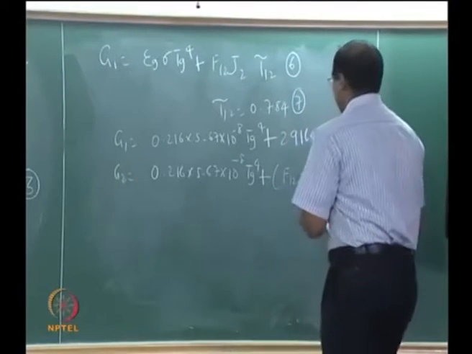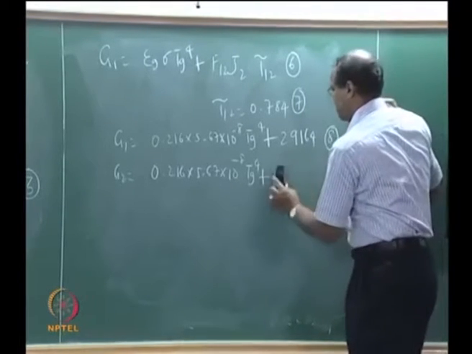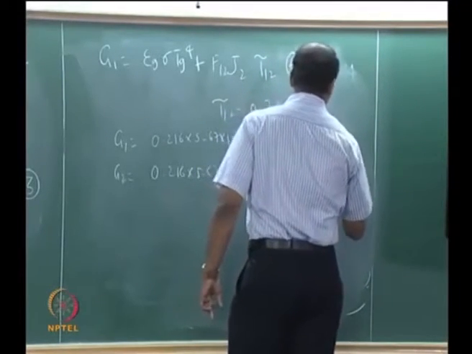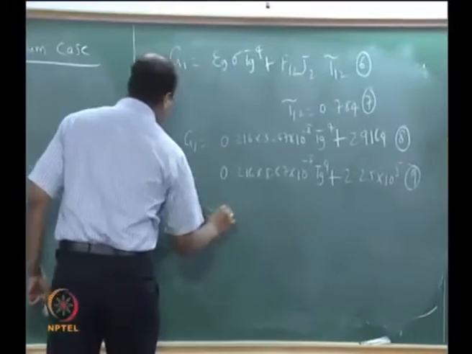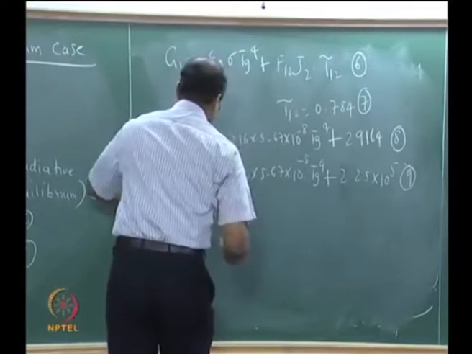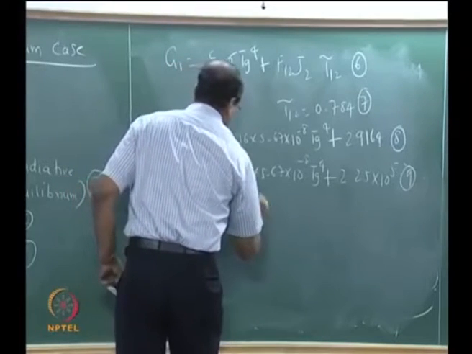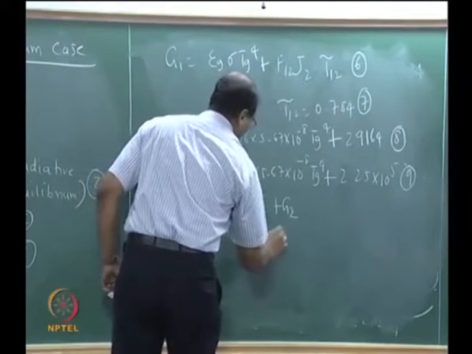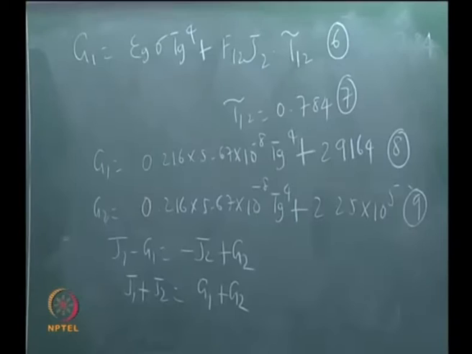Okay. I will erase this. You have to calculate this. F12 is 1, J1 is 2.87 times 10 to the 5. This is 0.784. This is 2.25. Now, since Q1 equals minus Q2, J1 minus... Deepak, they are not getting cancelled, they will get added.